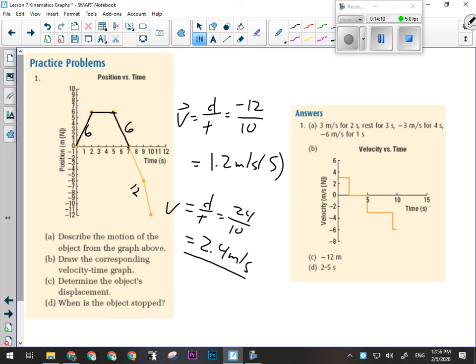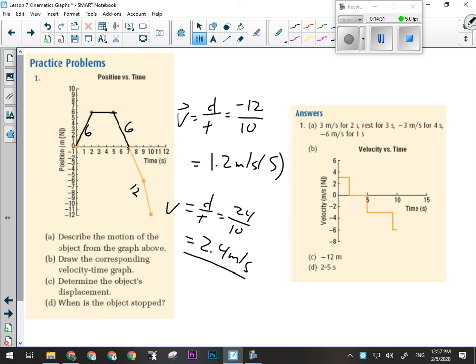Now, is there a relationship between the first graph and the second graph? Are they showing similar things? In this first part of the graph, we go 6 meters in 2 seconds.